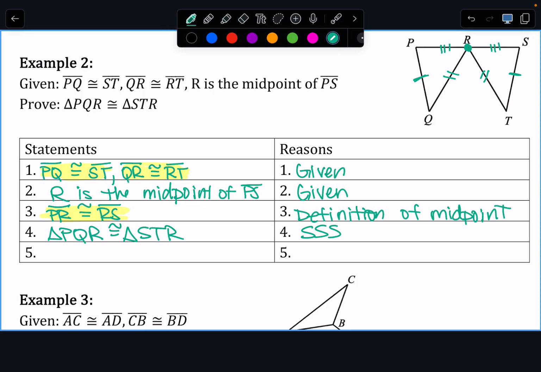When I make any of my answer keys in any of my notes, I'm going to highlight the 3 pieces of information to help you visualize the sides or the angles that we need in our statement. We always need the 3 pieces of information. This one was a side, side, side. Okay?